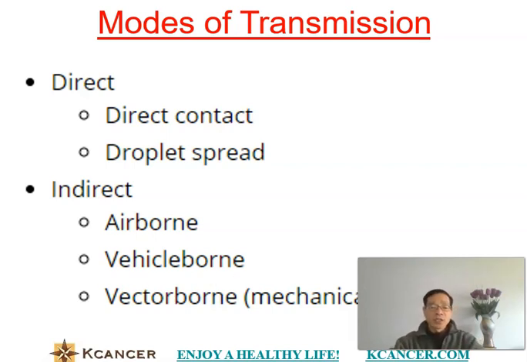As I mentioned, originally this virus may have been transmitted from animal to human. Some people may have come into contact with wild animals like penguin, snake, rabbit, mouse, or any animal.